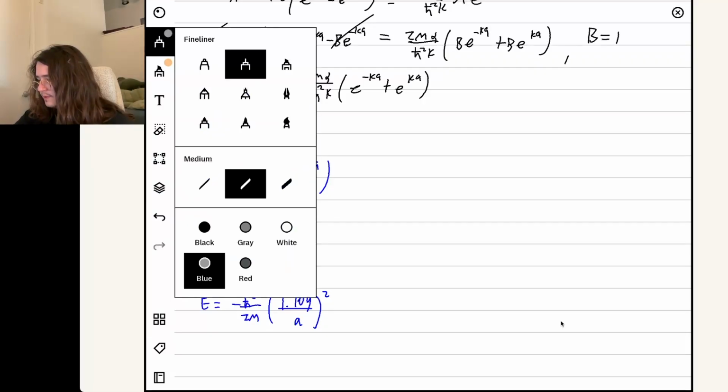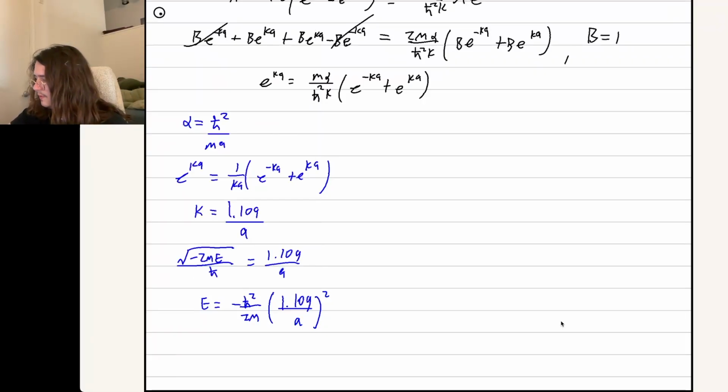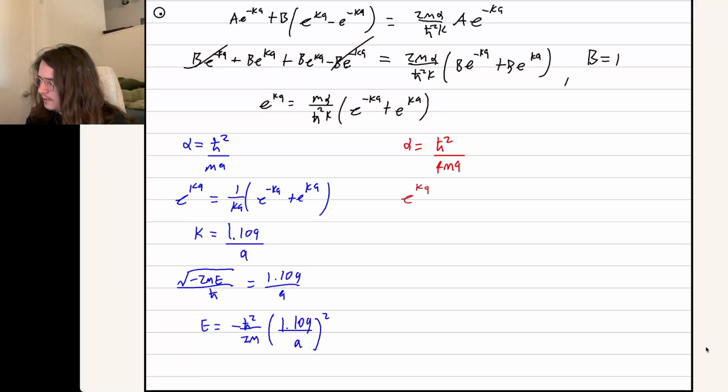But then Griffiths also gives us another alpha to try out. He was so generous in that regard. This time it's over 4ma. So e to the ka equals m alpha over h bar squared k e to the minus ka plus e to the ka is now the equation we have to solve.